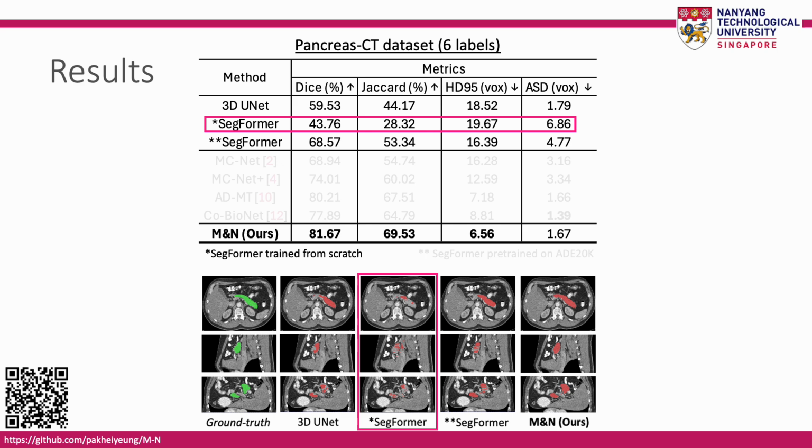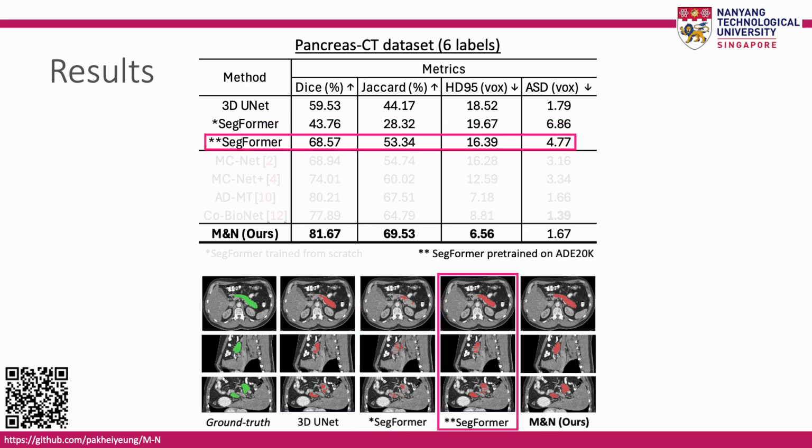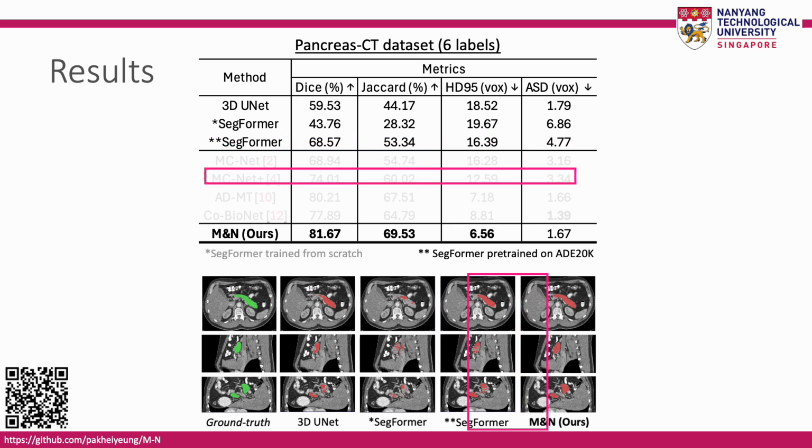Using the same 2D SegFormer, but pre-trained with natural images first, and fine-tuned with 6 labeled medical data, saw a significant improvement, which may suggest that 2D natural image pre-training may be helpful for 3D medical segmentation.